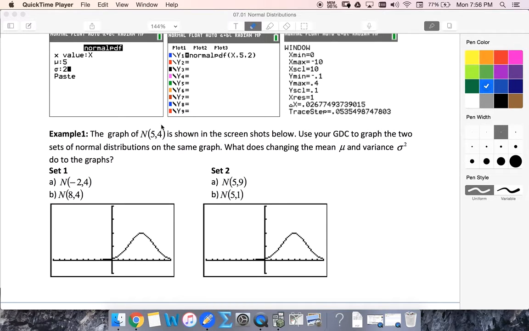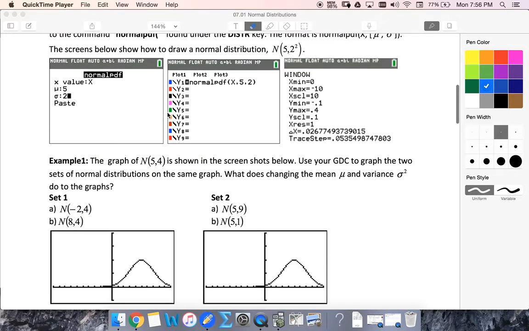And in this case I wrote 4, but remember that our normal distribution is determined based on variance, which is standard deviation squared. So this is similar to writing 5, 2 squared for my normal distribution.